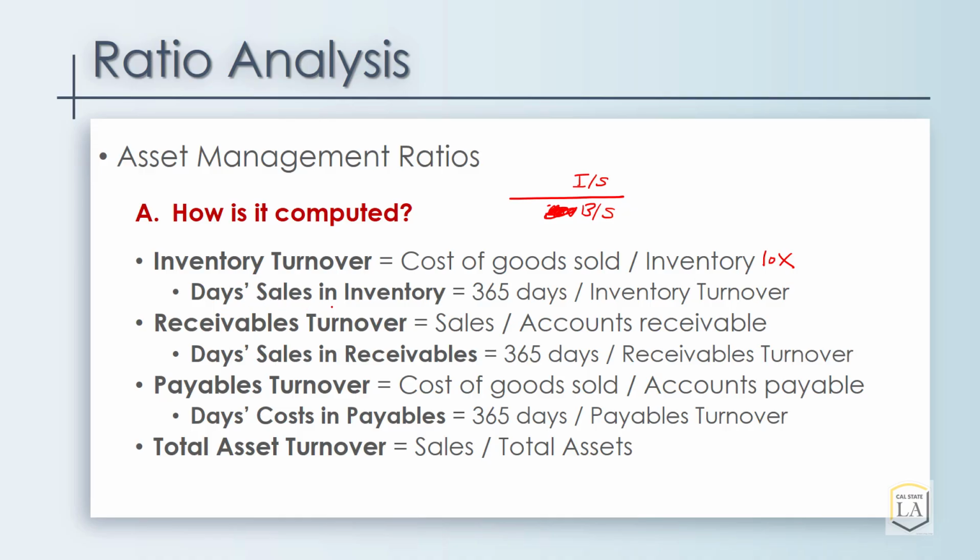So how long did it take for your firm to completely sell off your inventory? How many days did it take for your firm to completely collect your receivables on average? That will be days sales in receivables. And days cost in payables would be how many days on average it would take for your firm to pay off your payables.